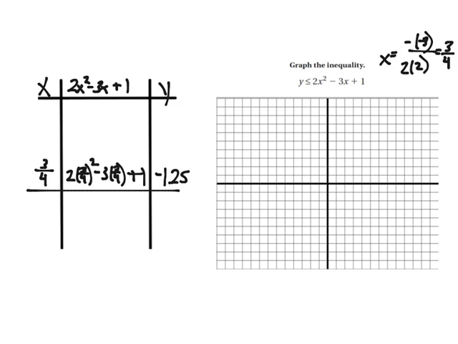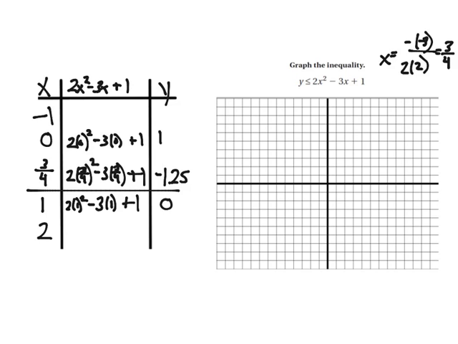Then we are going to have to plug in all 5 points this time because we're not going to be equal distance away. So we go 1, 2, 0, negative 1. Plug in 1. We end up with 2 minus 3 is negative 1 plus 1 is 0. We plug in 0. We end up with 1.